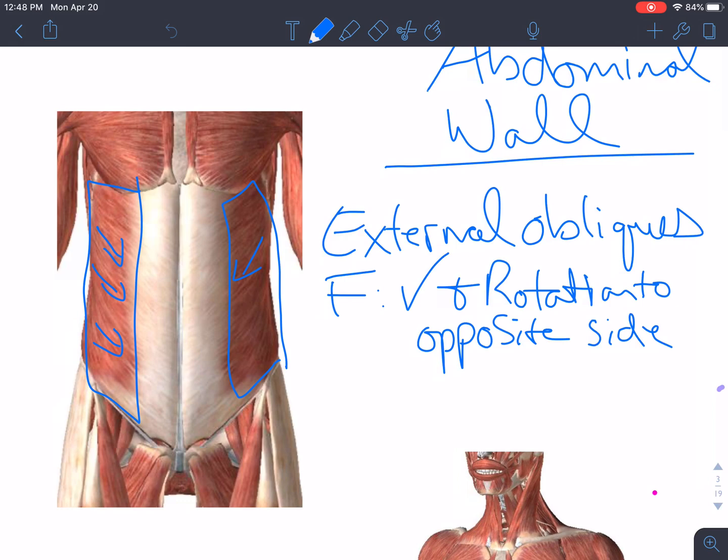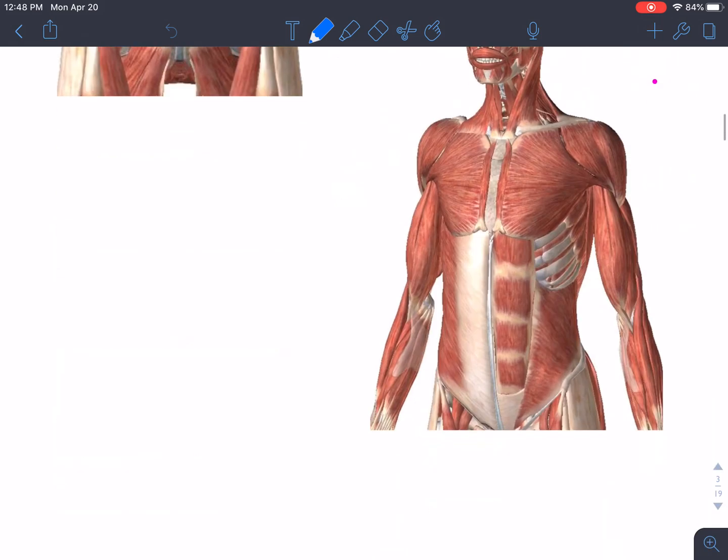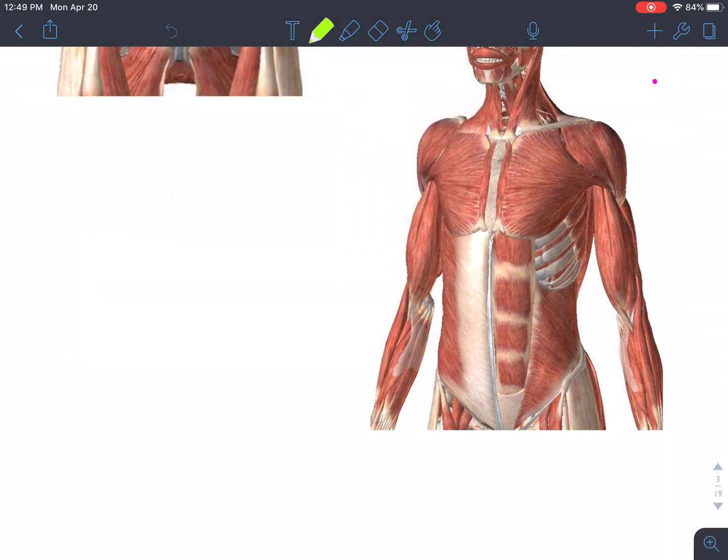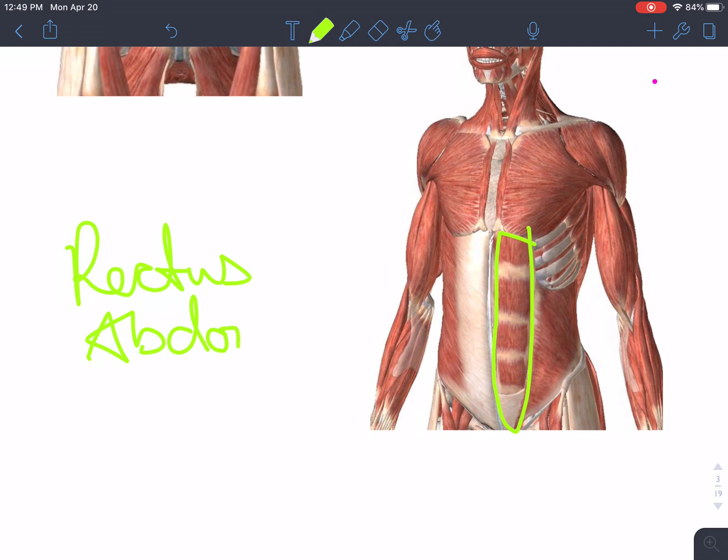Sorry about that. So those are your external obliques, and then we're going to do two different muscles on here. I'm going to just keep this a little bigger. This one, everybody knows this one, right? It's your rectus abdominis. And this one's fairly easy. It's just flexion at the waist.